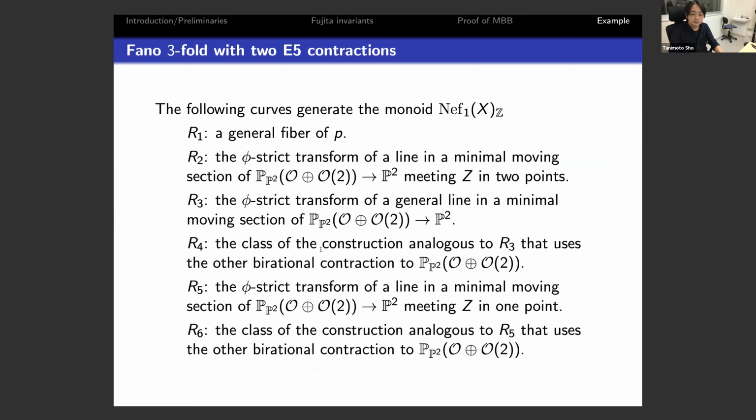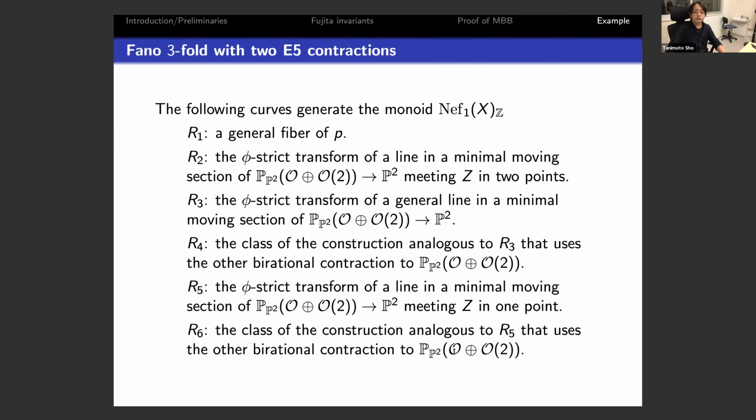R4 is a construction analogous to R3 that uses the other birational contraction to a projective bundle. So there are two contractions to projective bundles, and each gives R3 and R4. And R5 is the phi strict transform of a line in a minimal movable section, meeting Z in 1 point.